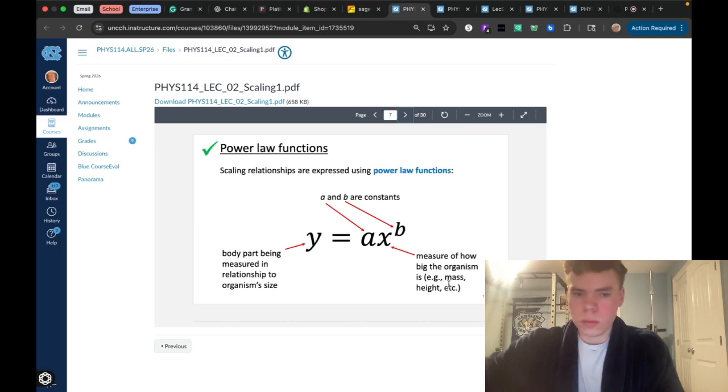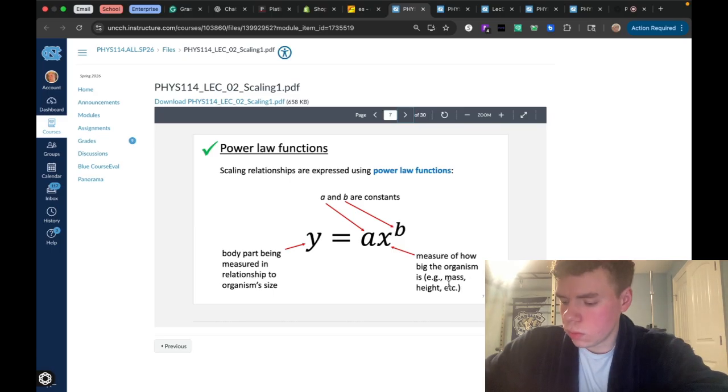Power law functions. Y equals a x to the b.